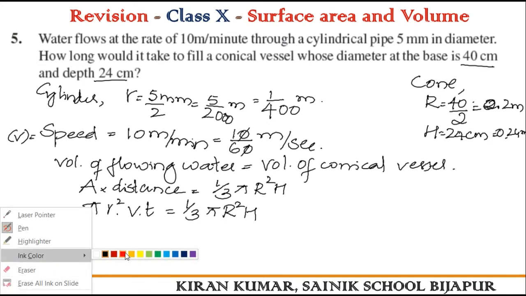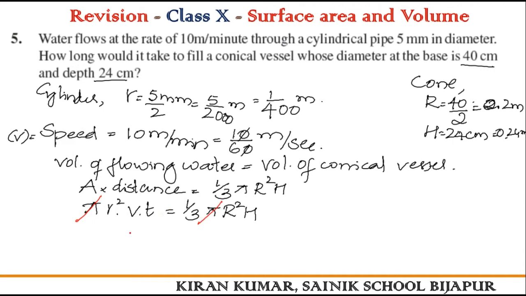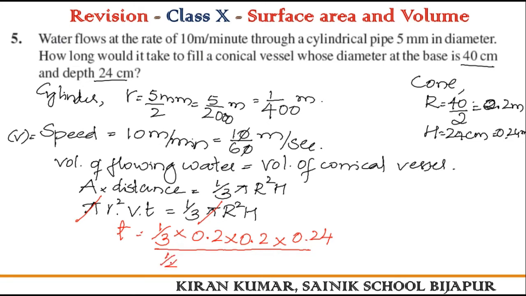On observation, you can cancel this pi, so t will be equal to 1 by 3 into r square, which is 0.2 into 0.2, into height 0.24, divided by r square. It is 1 by 400 into 1 by 400 into the speed, which is 1 by 6.